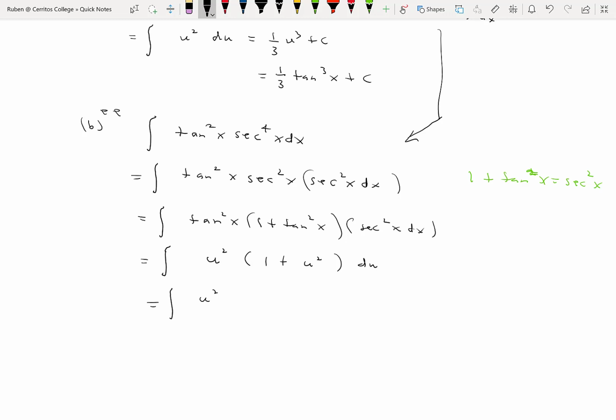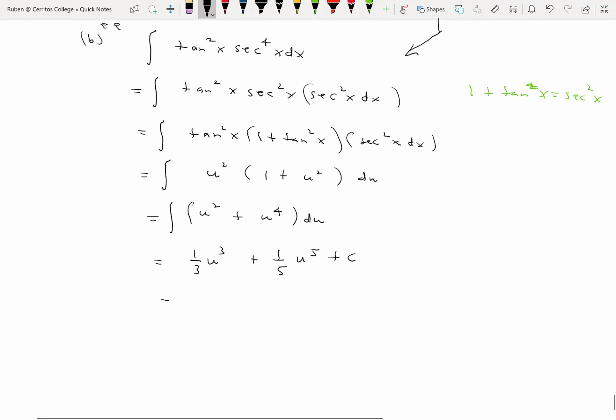And it looks almost like the power of sines and cosines. We're just looking at powers of u. Not quite the same thing, because the u's are not sines and cosines anymore. So this is 1/3 u cubed plus 1/5 u to the 5th plus a constant. The substitution was u equals tangent. Put that back in: tangent cubed x plus 1/5 tangent to the 5th x plus a constant.